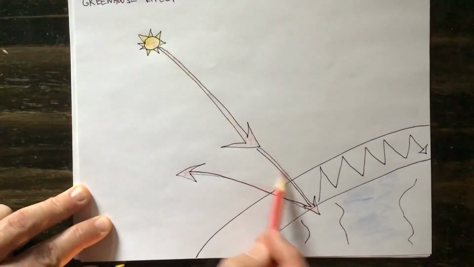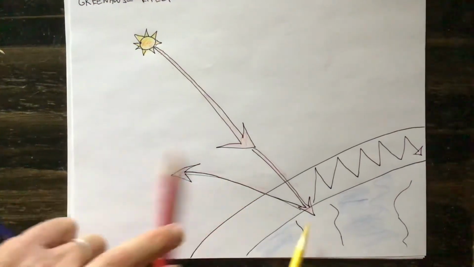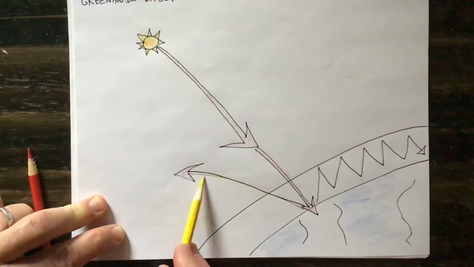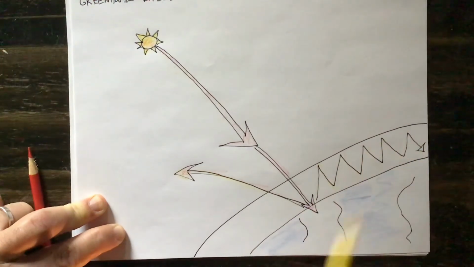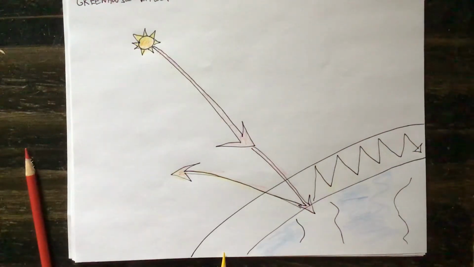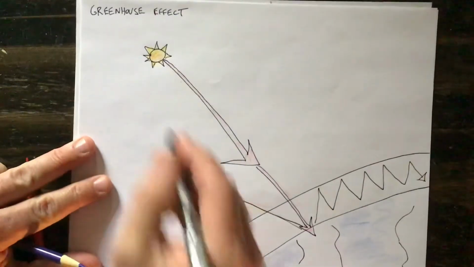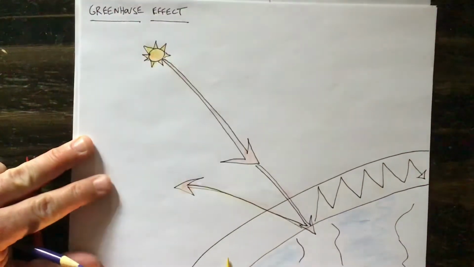So just kind of doing a messy job here, adding some color to my drawing. And the stuff that's trapped in the atmosphere is trapped by the greenhouse effect.